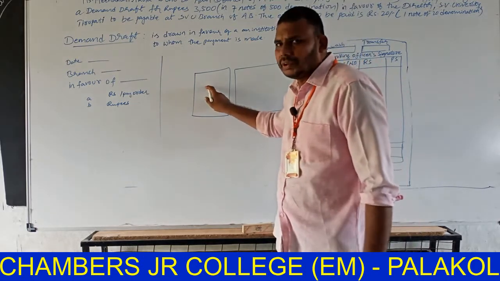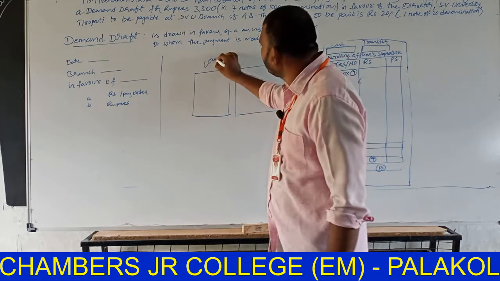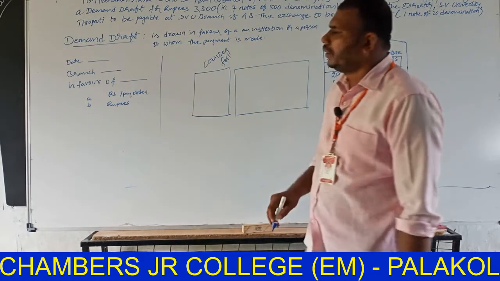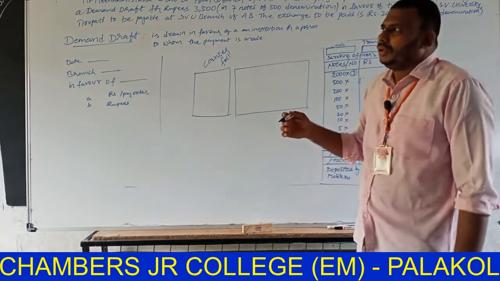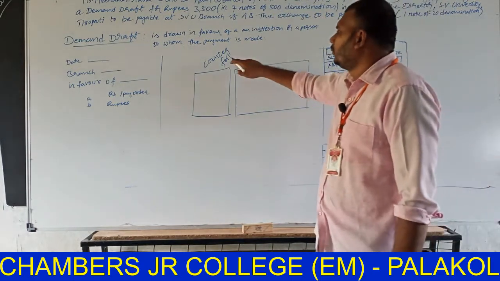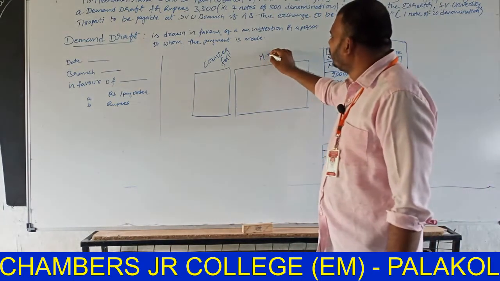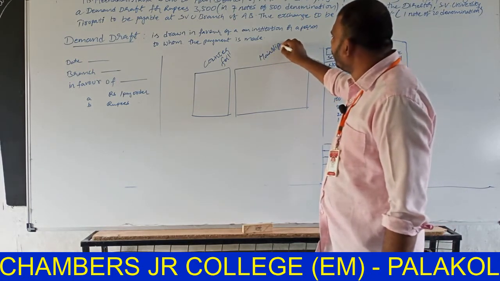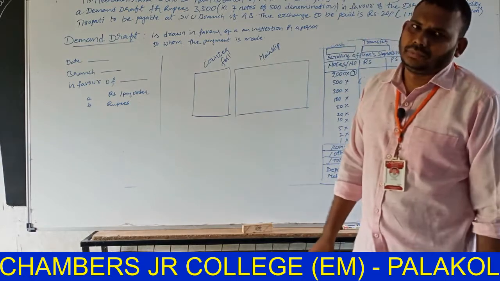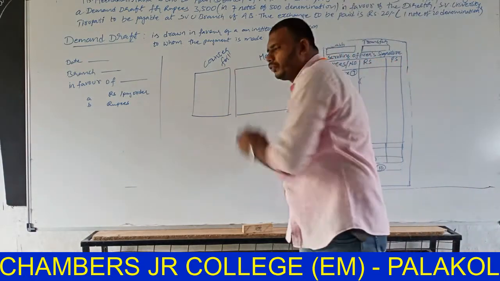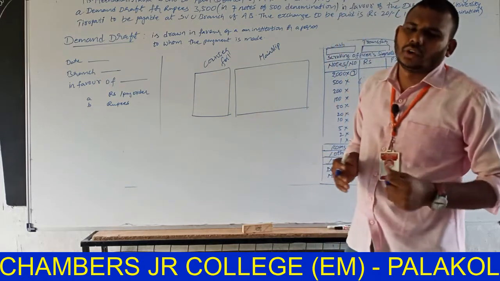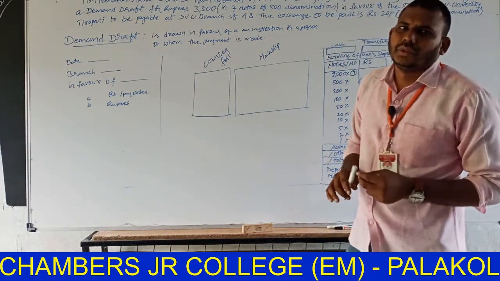The smaller slip is called counter foil actually, and some people call it counter file, and the bigger slip is called main slip. The bigger slip is called main slip.